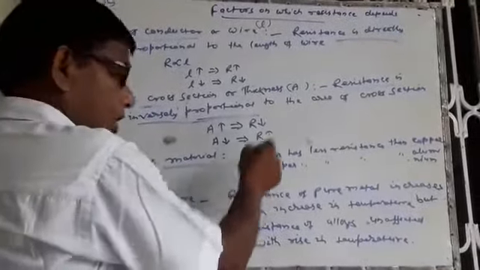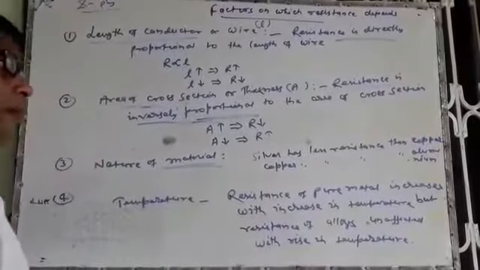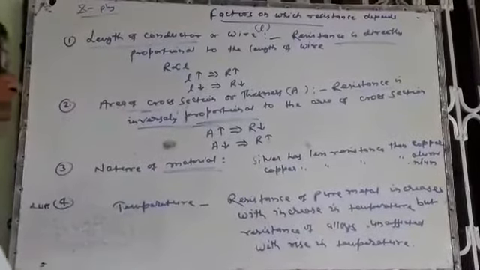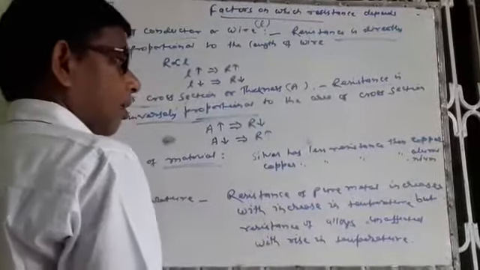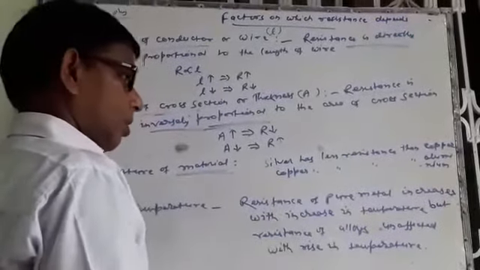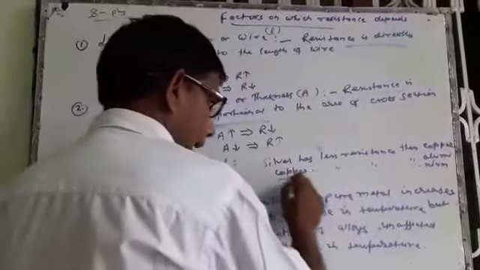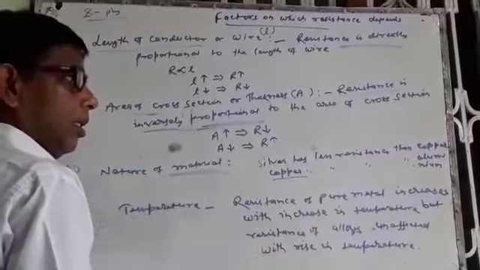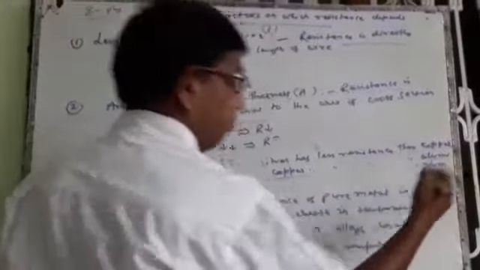When we compare these two, silver and copper, we find that silver is a better conductor because it has less resistance. Copper is a better conductor in comparison to aluminium.